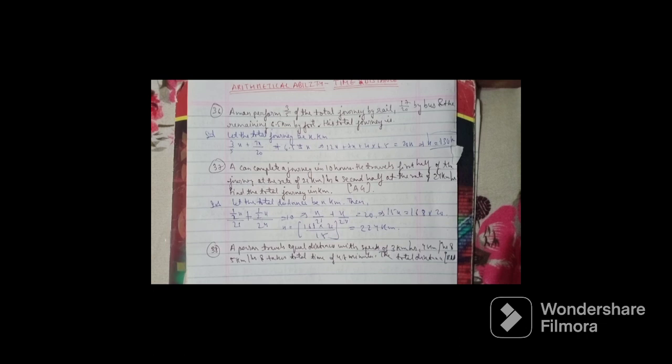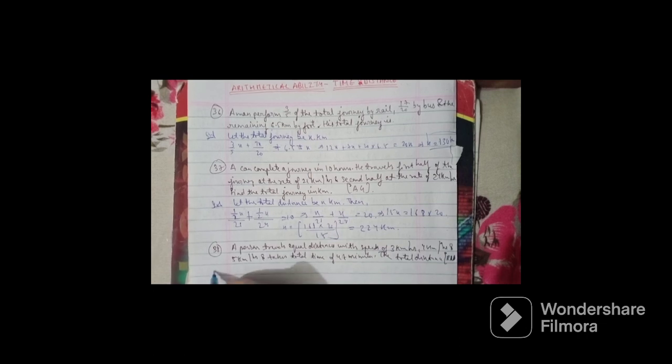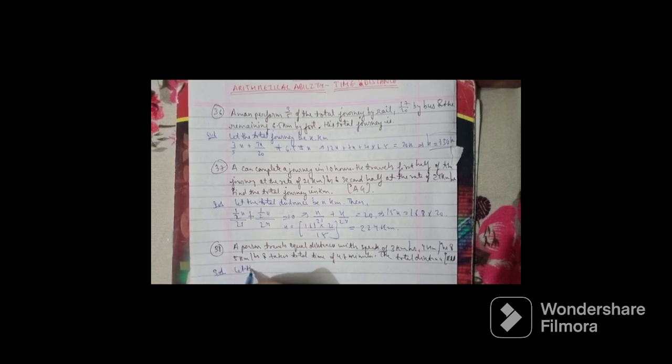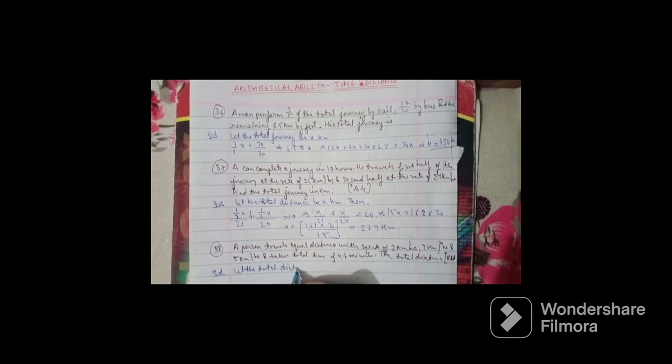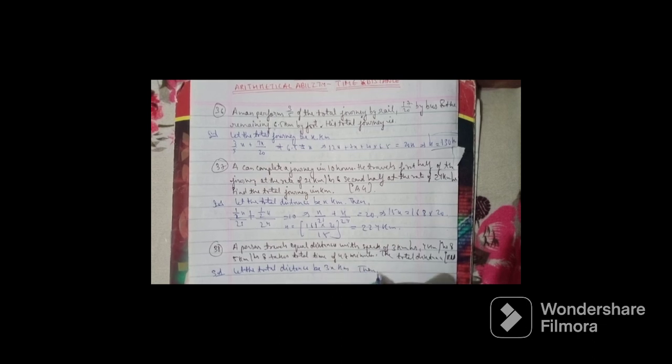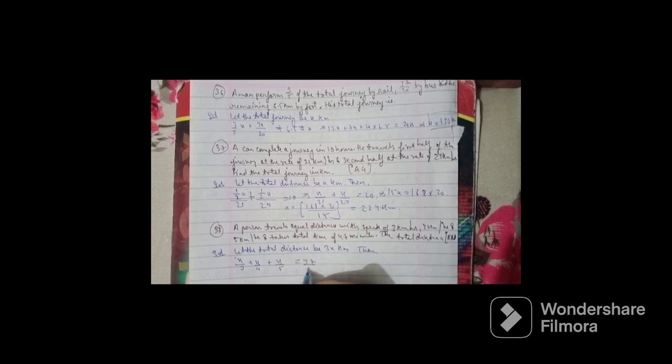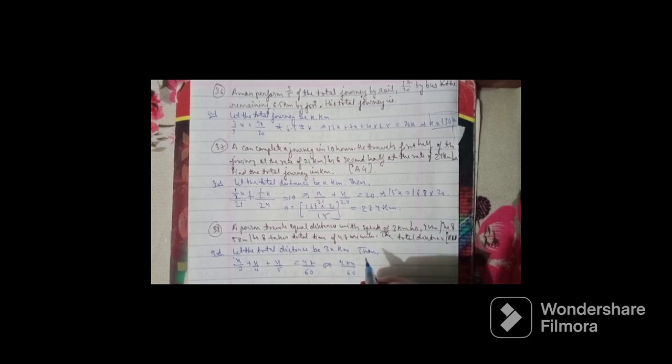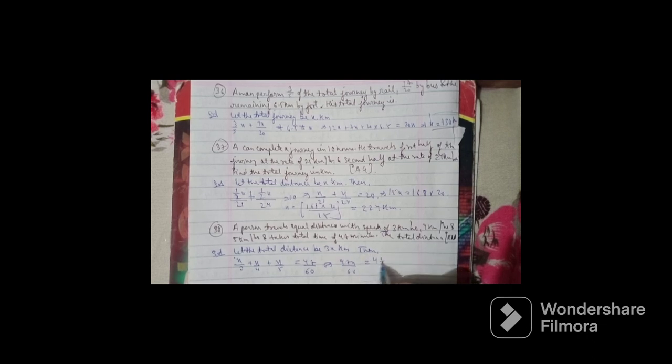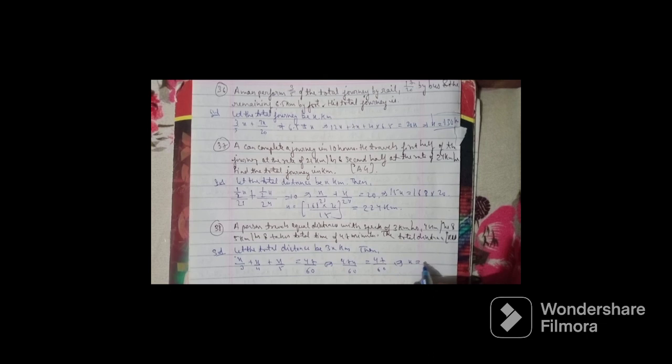So let the total distance be 3x kilometers. Then x by 3 plus x by 4 plus x by 5 equals 47 by 60, which is 47x by 60 equals 47 upon 60. x equals 1.